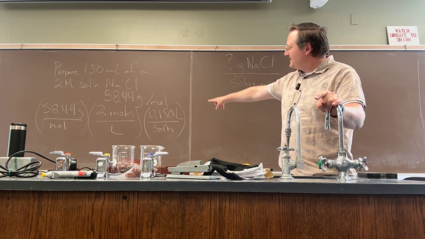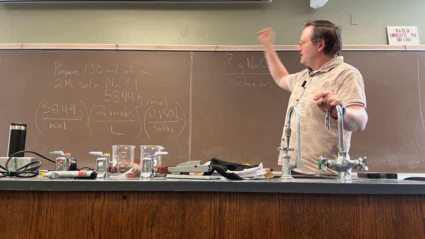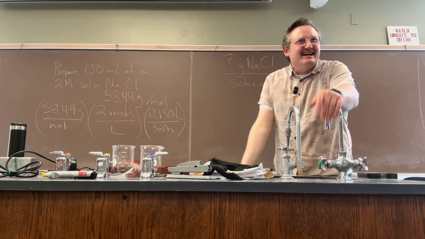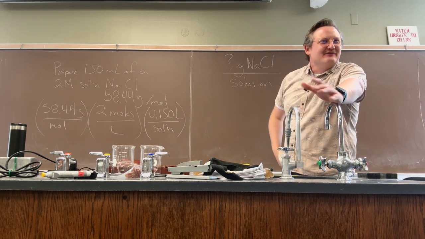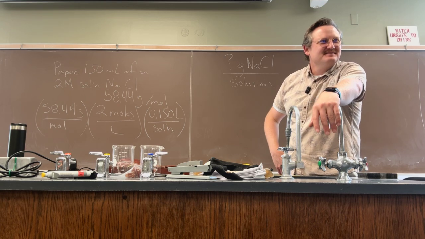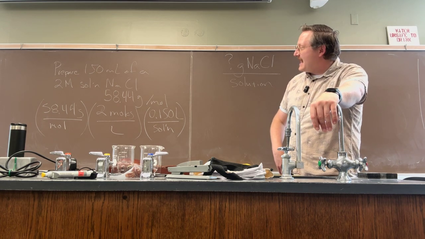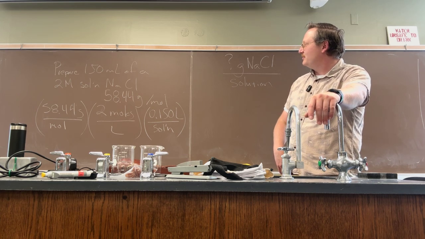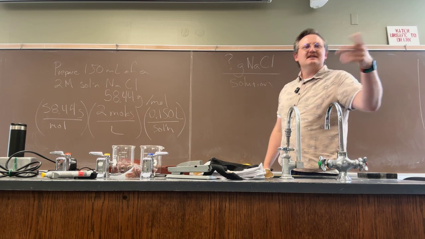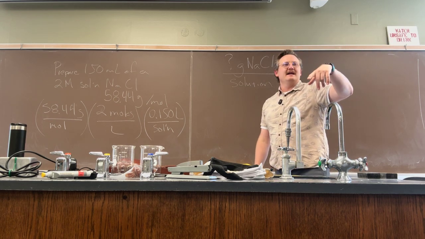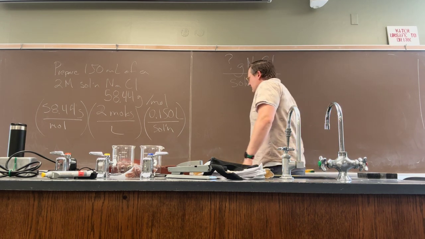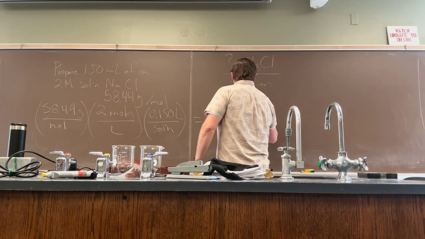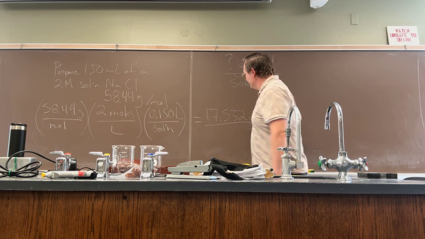The way I set that up is going to give me the grams of salt that I need added for my solution, rather than grams per 150 milliliters. So you run that math: 58.44 times 2 times 0.150. Who's got an answer in front of them from the lab midterm? 17.532 grams per solution.